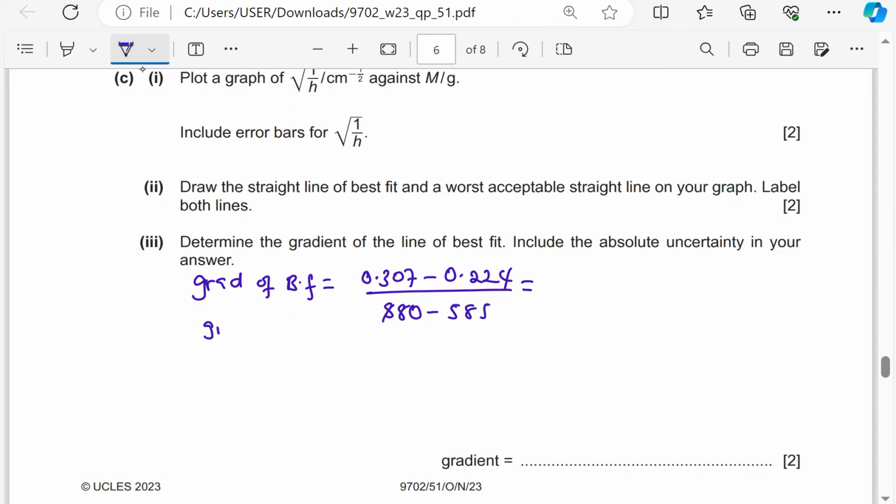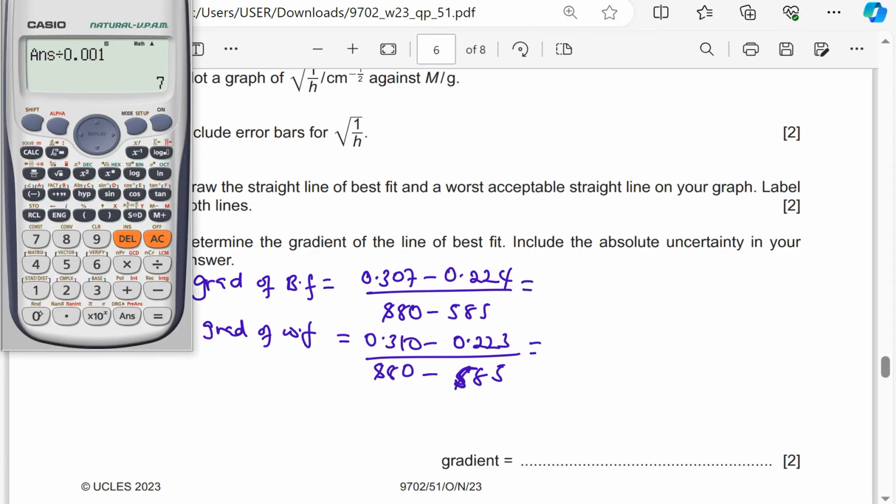Then we saw also that the gradient of the worst fit was 0.310 minus 0.223 divided by 880 minus 585. So I'll just press my calculator. You don't expect to get exactly the same answers like mine, because you are plotting on paper.